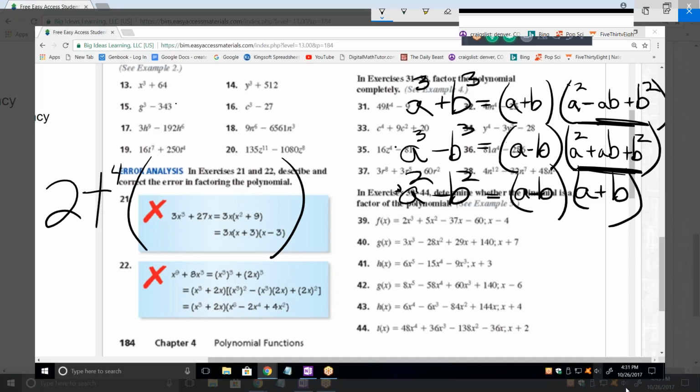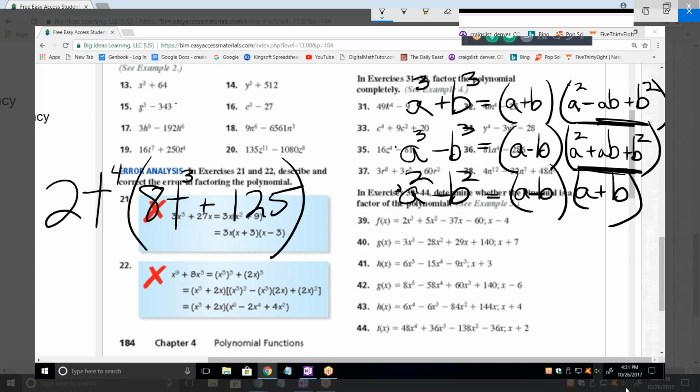Let's try 2. That would leave what? So that's 8t to the third plus 125.